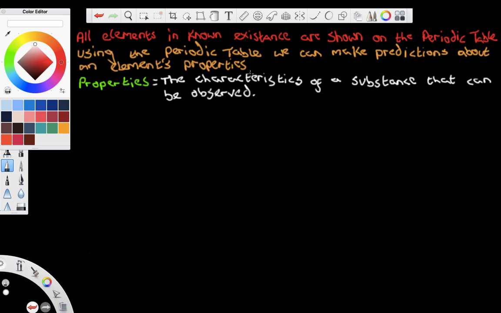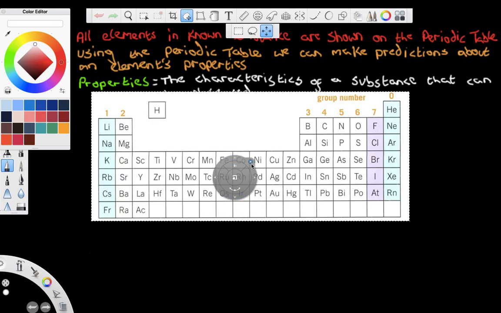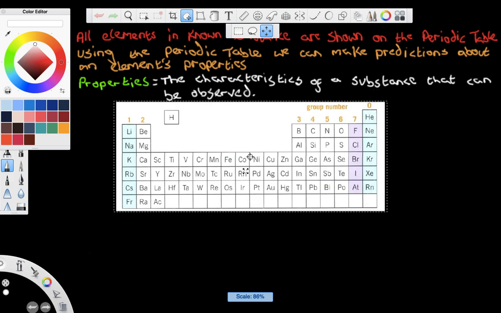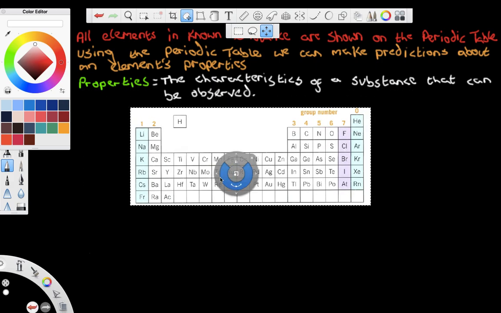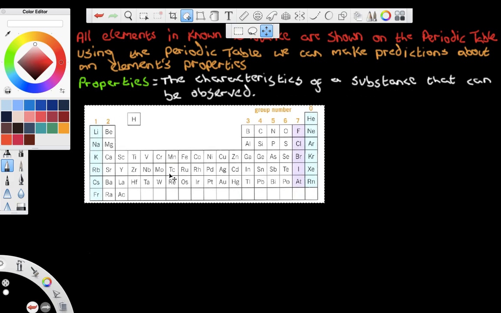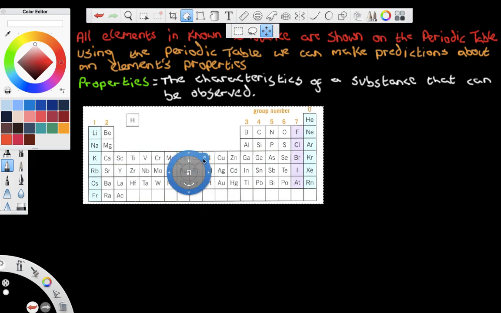So if we pull up a copy of the periodic table, it looks like this. Okay? This is one that I prepared earlier. And you would have learned in your other topics looking at metals and non-metals that metals on the periodic table are found on the left-hand side, whilst non-metals are found on the right-hand side.